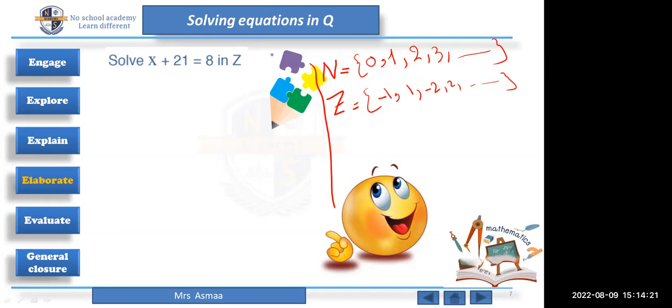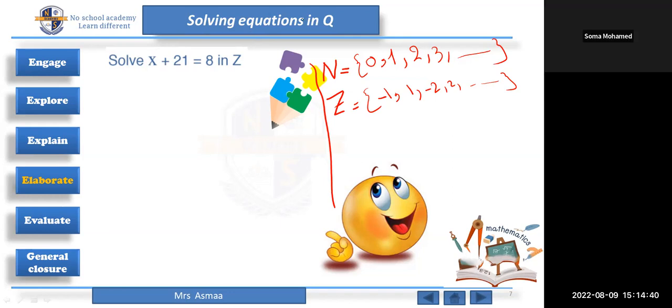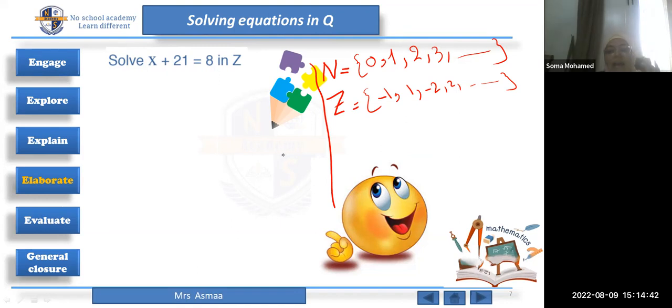No. Jana, does Z contain 0 or no? My answer is yes. Okay, super, Jana. Kids, Z contains all whole positive and negative numbers and with 0.